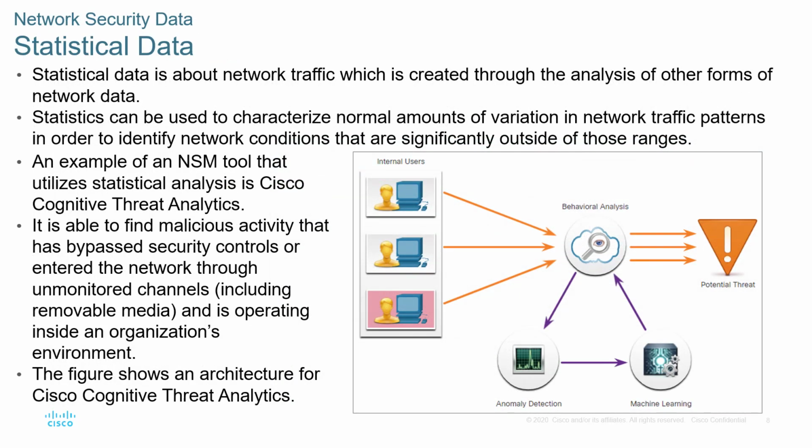We also have our statistical data, and that's going to be based off of our behavioral analysis, looking at machine learning or AI, as well as a review of how normal internal users actually do things. Statistics can be used to characterize normal amounts of variation in normal traffic patterns. An NSM tool that utilizes analysis could be Cisco Cognitive Threat Analytics.